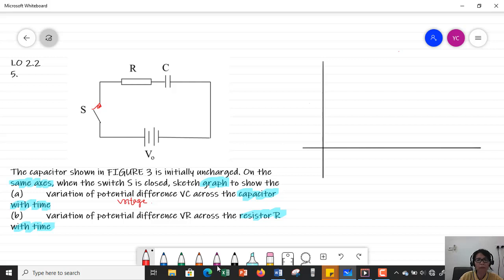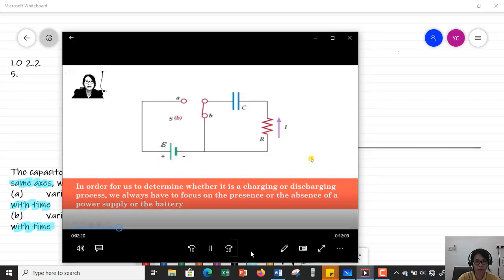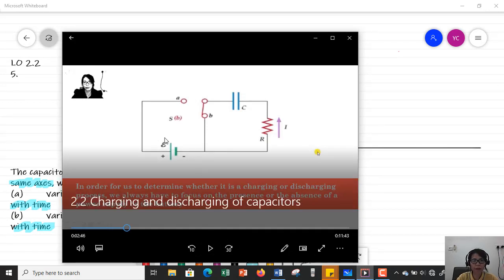So before we can sketch the graph, we need to identify whether the circuit is about charging or discharging of a capacitor. So if you recall my video, if we have the presence of the battery, that one we call the charging process. Without the presence of battery, we call that one the discharging process.